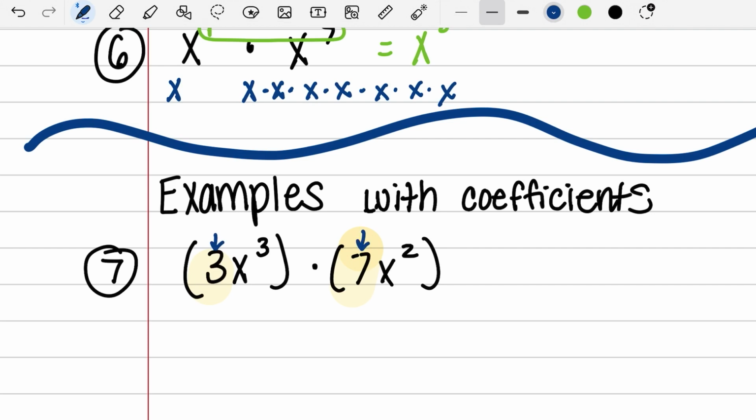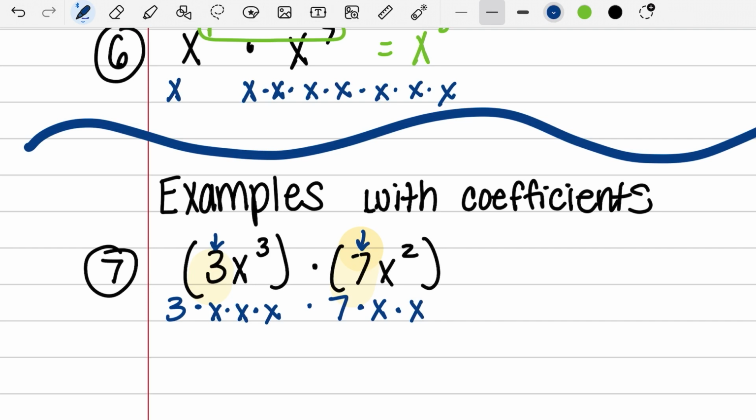Now let's see what this kind of looks like in expanded form. That might help us visualize. So the 3x cubed becomes 3 times x times x times x. We're going to bring down that other little multiplication sign, 7x, x. And now we multiply.